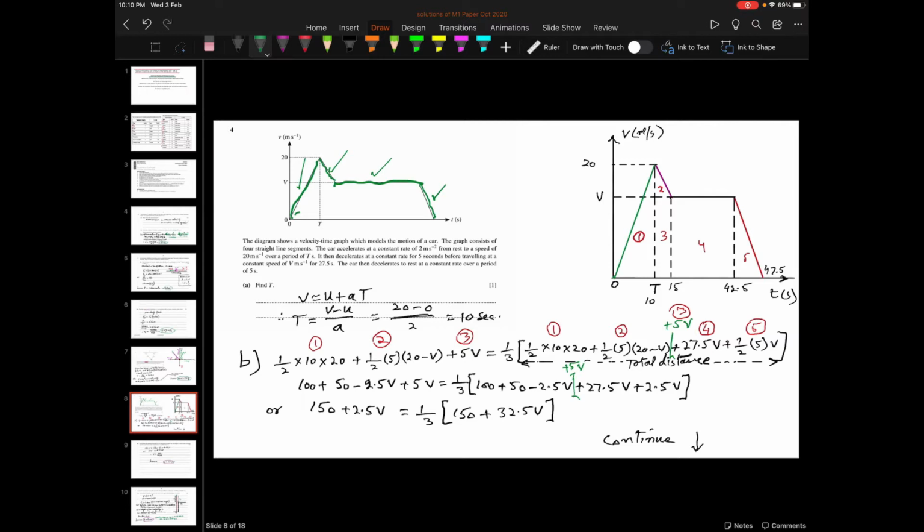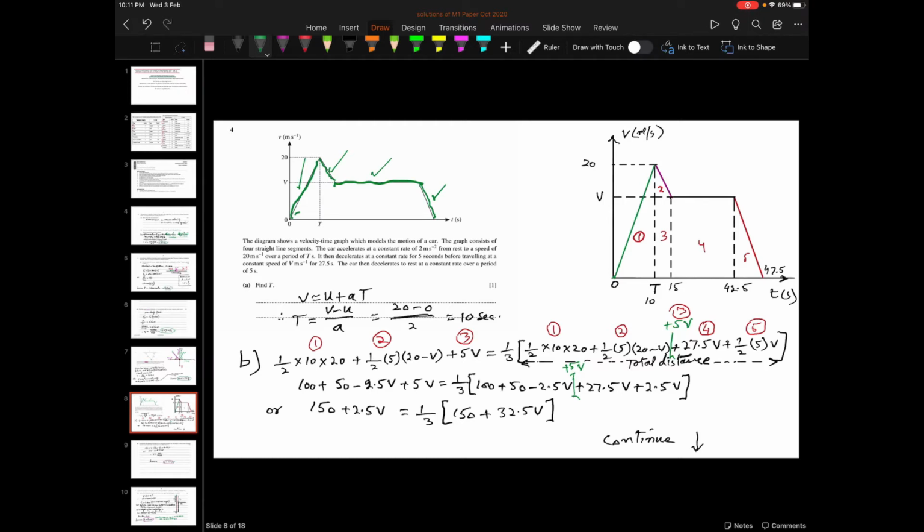After multiplication, we can write 100 plus 50 minus 2.5v plus 5v is equal to 1/3 of (100 plus 50 minus 2.5v plus 5v plus 27.5v plus 2.5v).